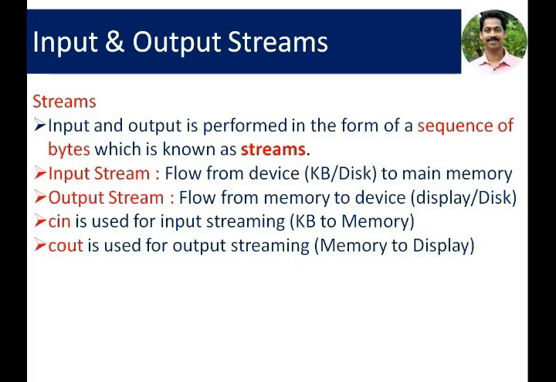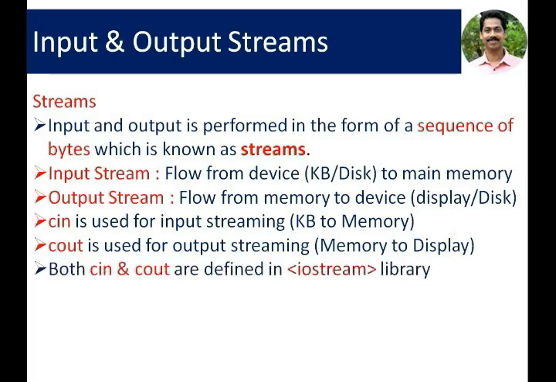These two, Cin and Cout, are regularly used in C++ programs for streaming purposes. Both Cin and Cout are defined in the iostream library. Cin is used for keyboard to memory and Cout is used for memory to screen. This is a small pictorial representation.